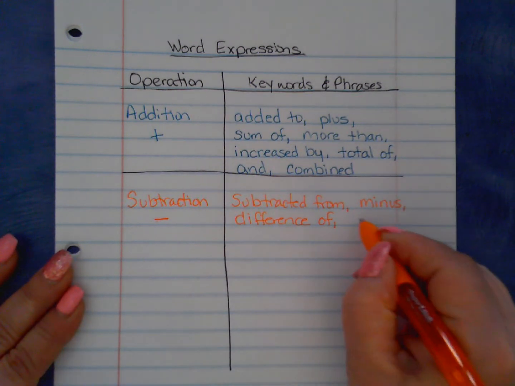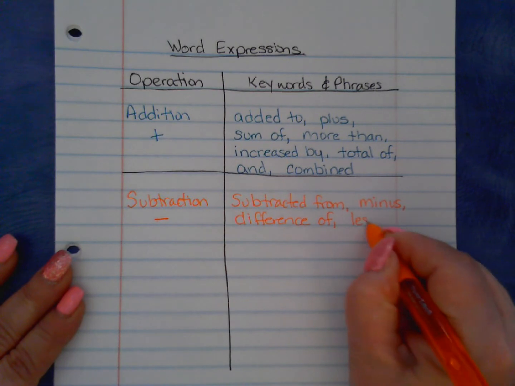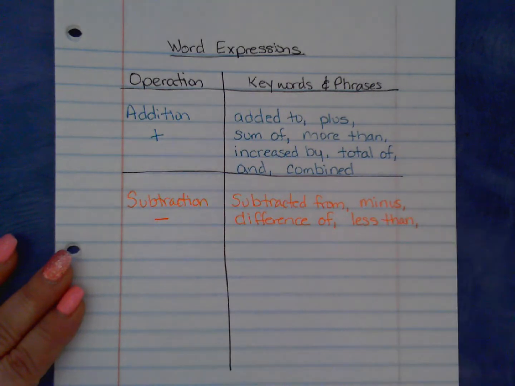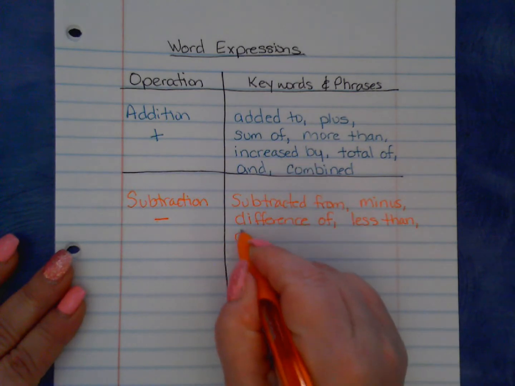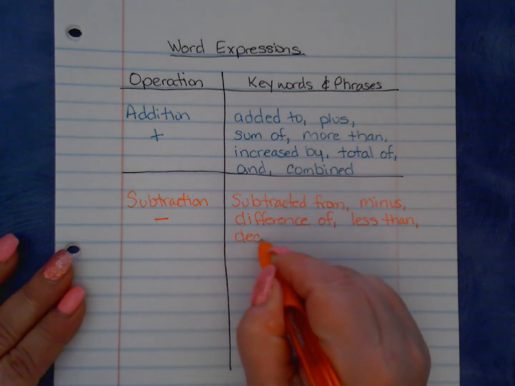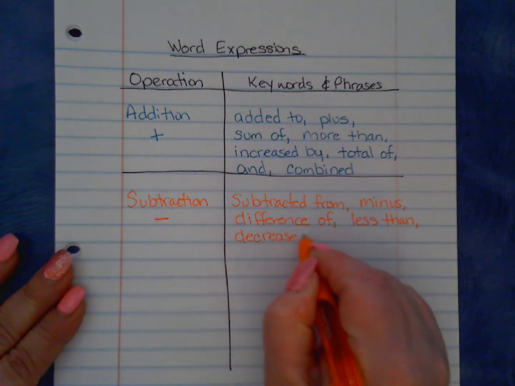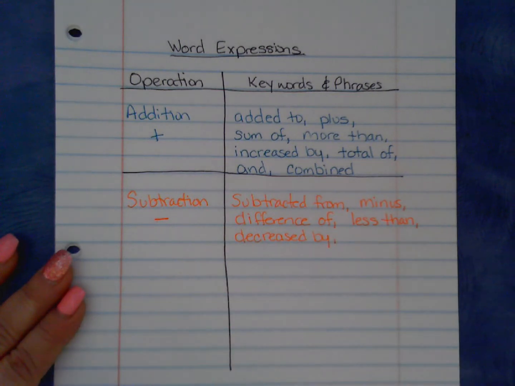Less than, just like we said, more than for addition, less than works as a good phrase for subtraction. Increased by was addition. If you guys remember, decreased meant the temperature went down and we had to subtract. Decreased by. Fewer than instead of more than, fewer than.